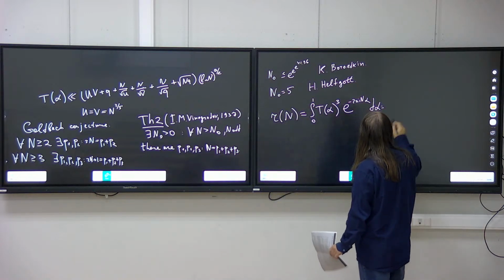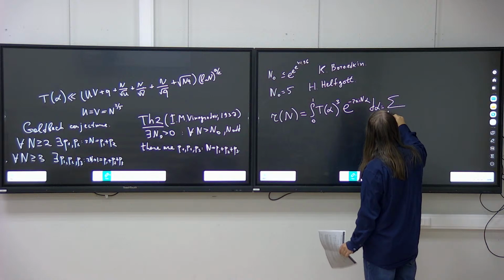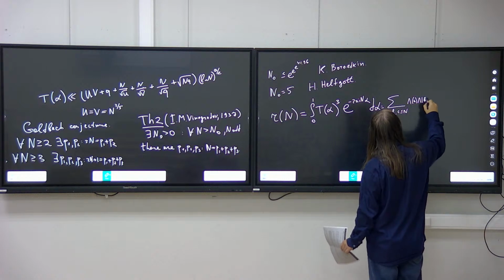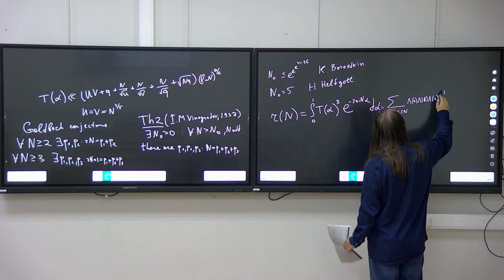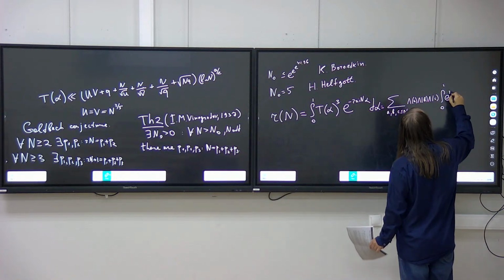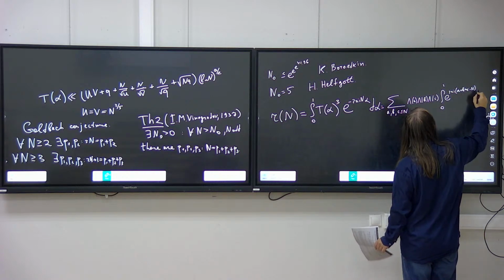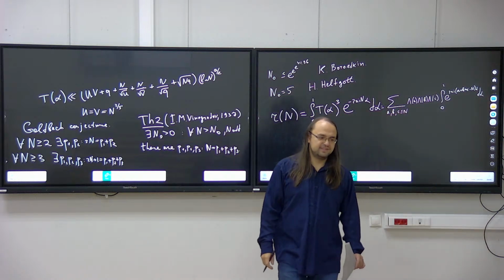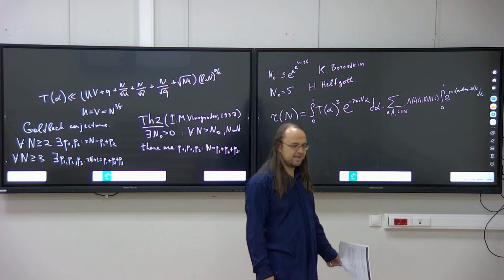This is the sum over all a, b, and c less than or equal to n of lambda of a, lambda of b, lambda of c, multiplied by the integral from 0 to 1 of e to the power 2 pi i (a plus b plus c minus n) alpha d alpha. Correct? This is just cubing the sum and expanding everything, right?